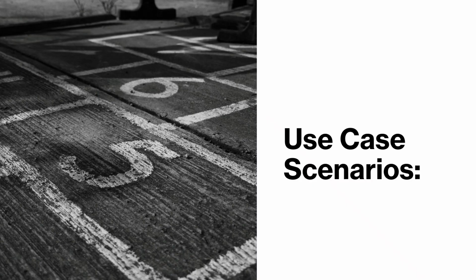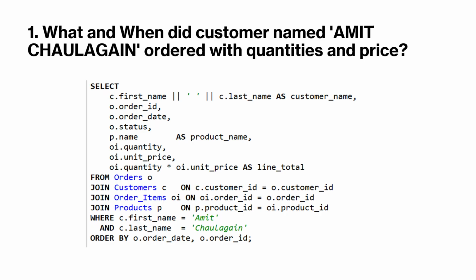So now we move to the use case scenarios where our database can be used in real life situations. The first use case answers the questions: what and when did the customer named Amit Chaulagai order, including quantities and price?